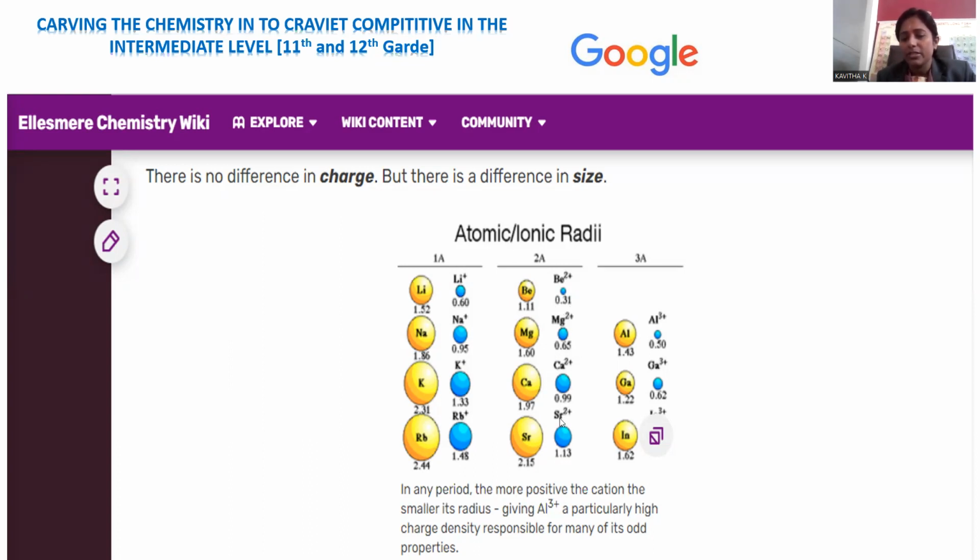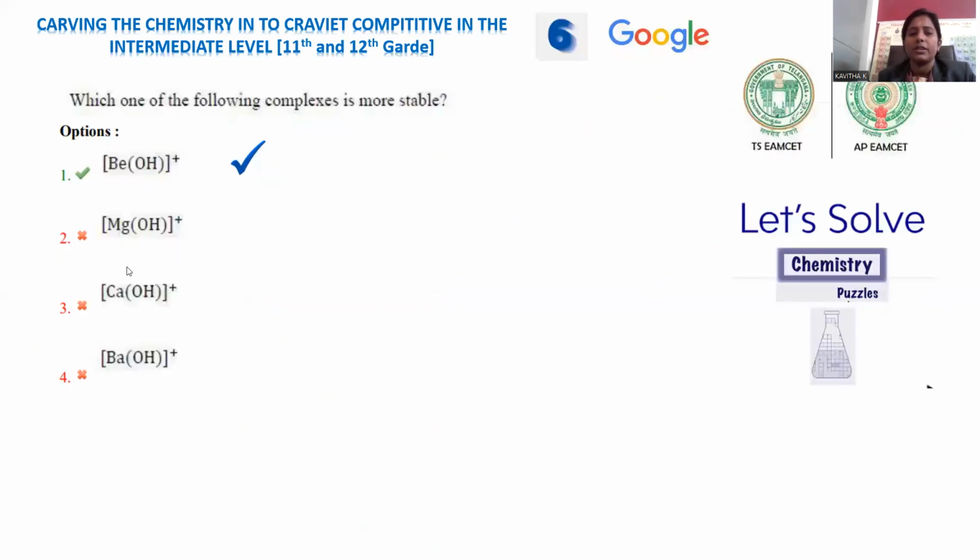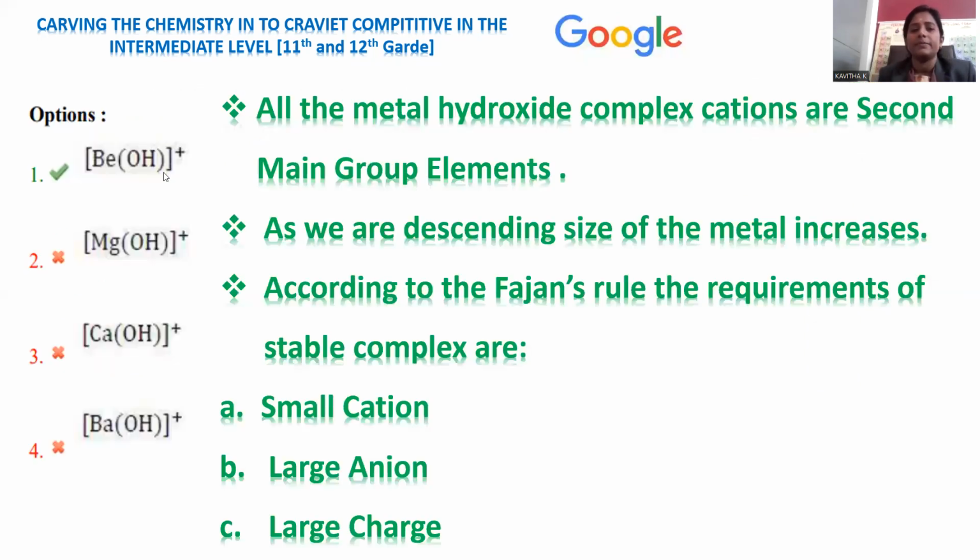Magnesium is 0.65. Calcium plus 2 cation has 0.99. Strontium plus 2 has 1.13. As you observe, top to bottom size gradually increases. The smallest one is beryllium. It's very obvious that the smallest cation is favorable for a stable complex. Hence, we can clearly assign that beryllium hydroxide is more stable, right?